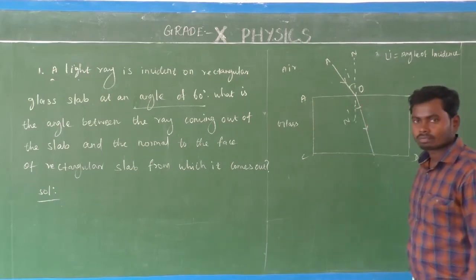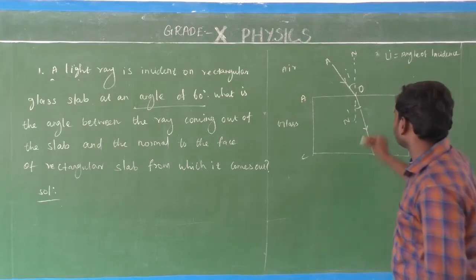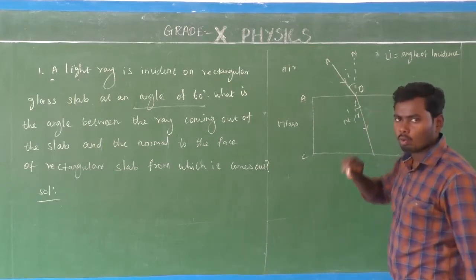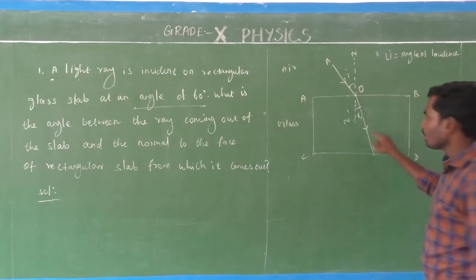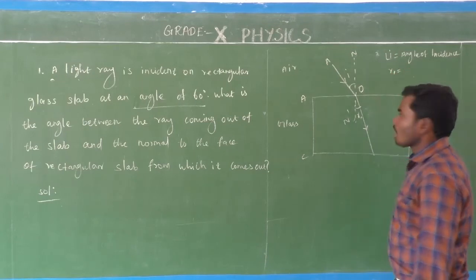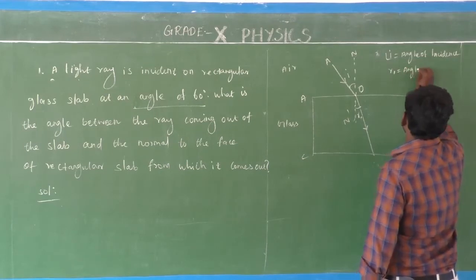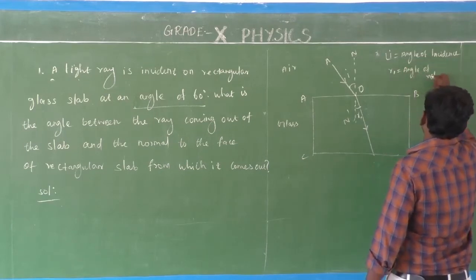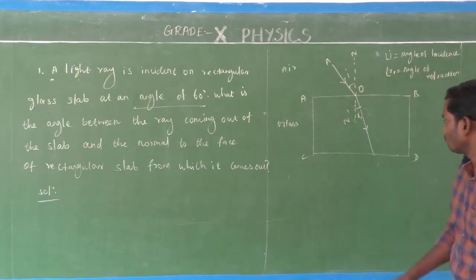What is that? That is the angle of refraction, denoted with the letter R1. Because we have another refracted ray, consider R1 as the angle of refraction.